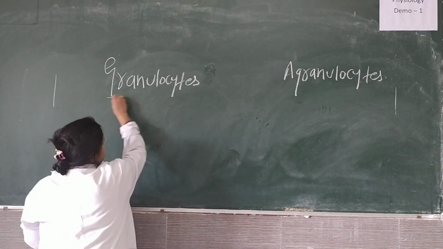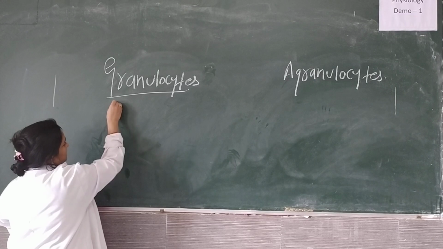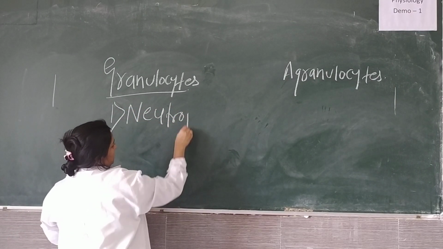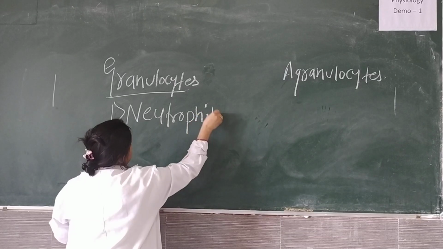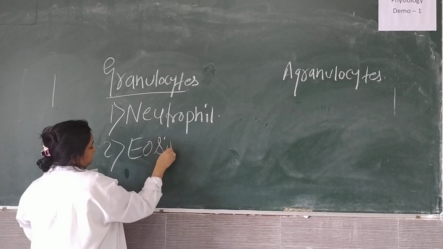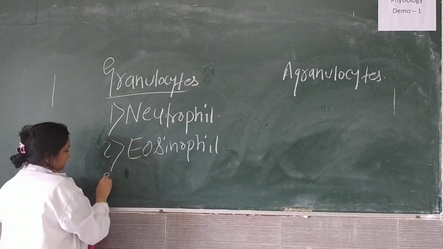The cells which come under granulocytes are neutrophil, eosinophil, and basophil.